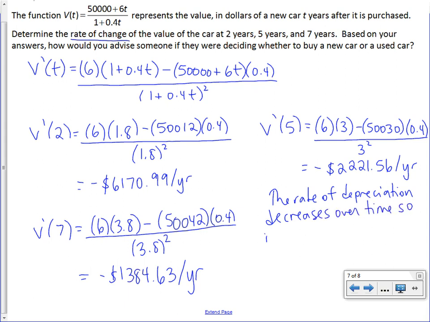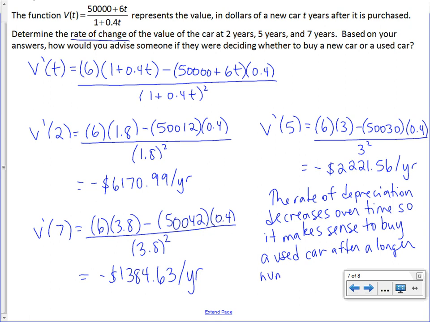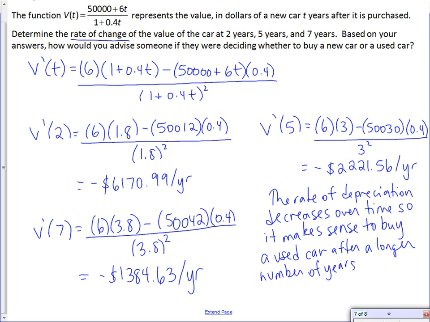So it makes sense to buy a used car after a longer number of years. And I'll just put costs less and depreciates slower.